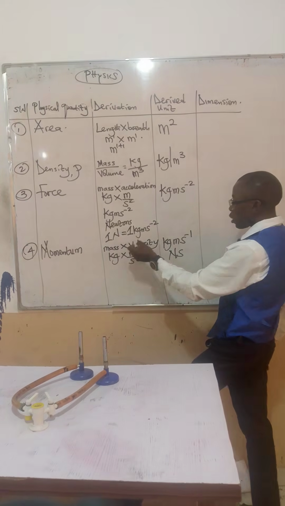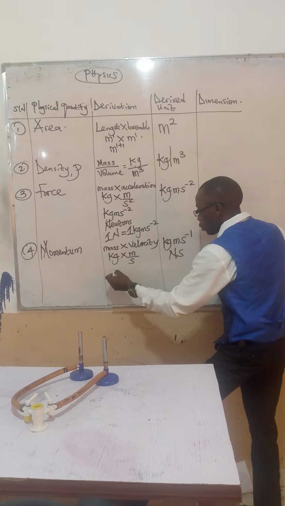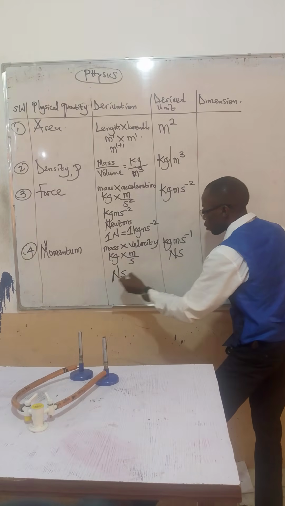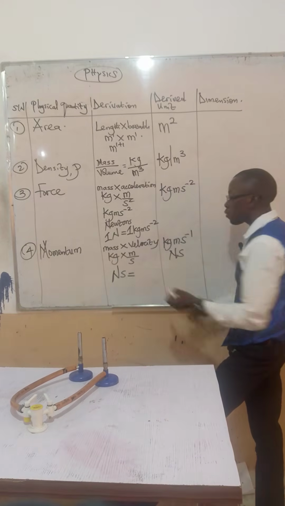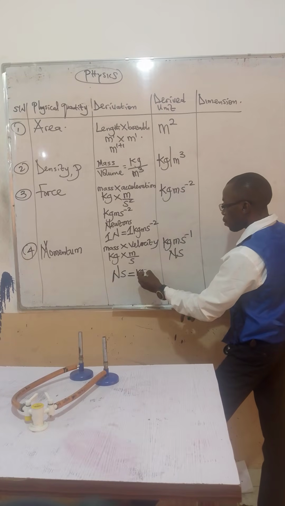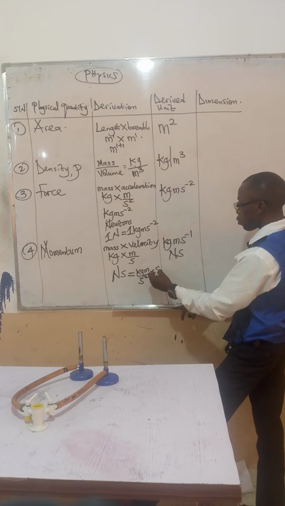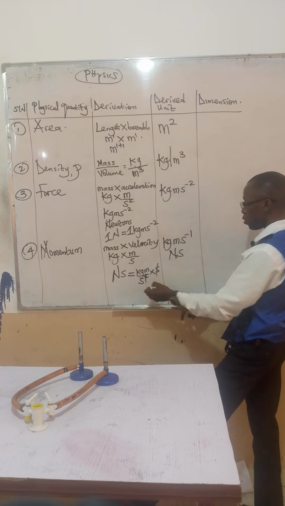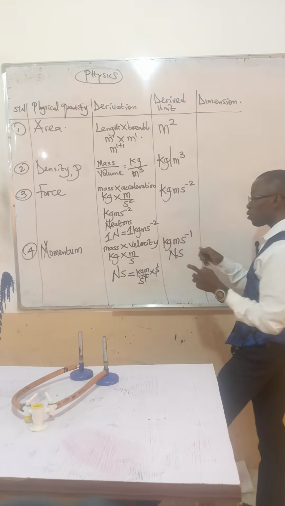Based on this, 1 Newton is kilogram meter per second squared. Fixing Newton here, kilogram meters per second squared times seconds, this takes care of one of the seconds, and that still gives kilogram meter per second.